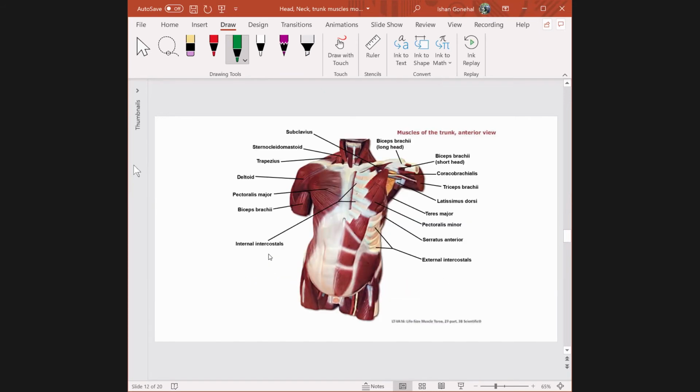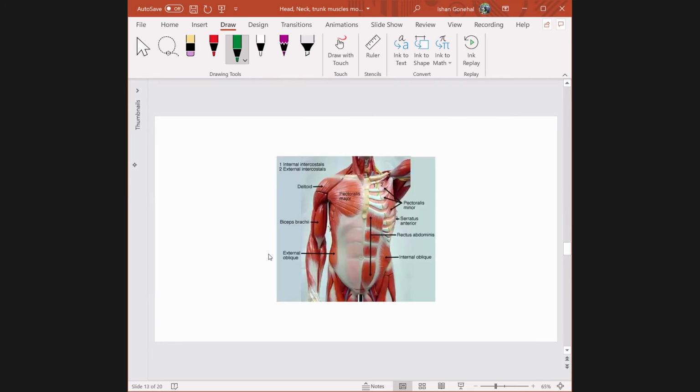Okay. So these are muscles of the vertebral column or muscles of the trunk. When you're talking about the vertebral column, let me show, I think I have it here. Okay, here. So these parallel ones are rectus abdominis. They help in moving or flexing your abdomen in different directions.